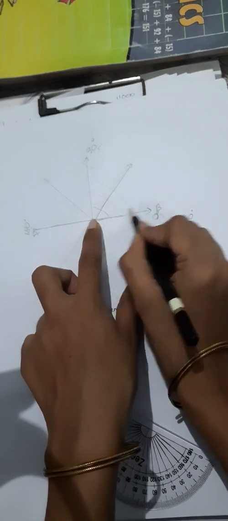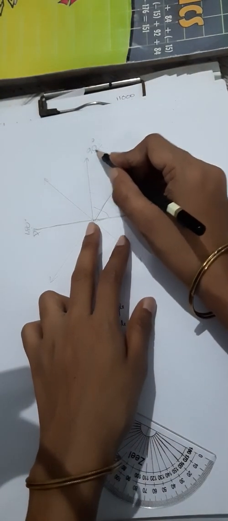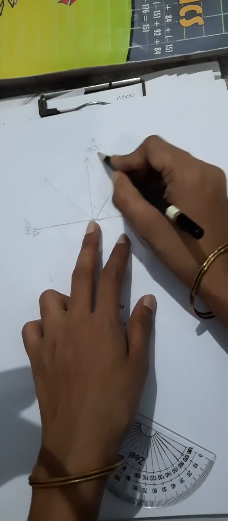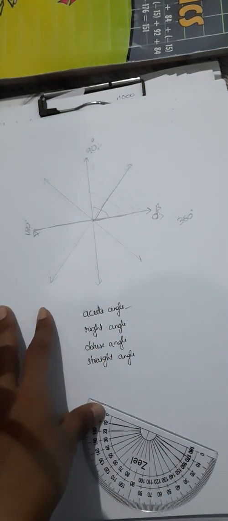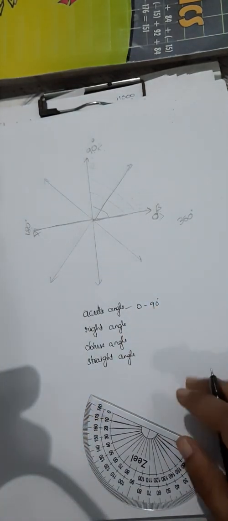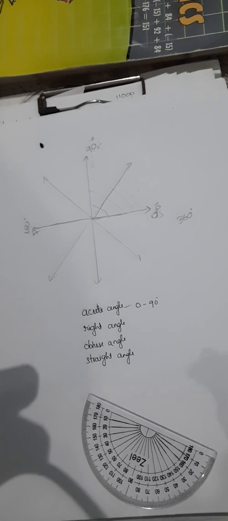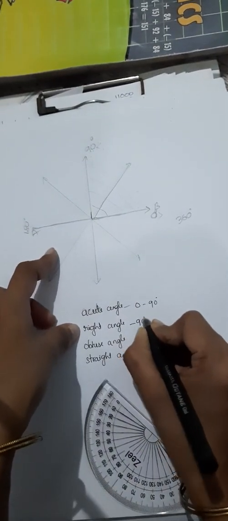So like angle 10, 20, 30, 40, all the angles till 90. 90 is not included. The angles in between 0 and 90 degree are called acute angles.